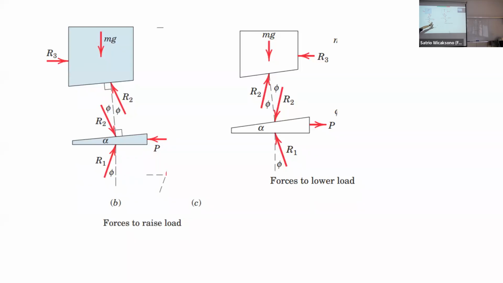If you look here, the resultants here and here are slightly going to the left instead of to the right, so we have to pull it out in order to ensure that it can move up.